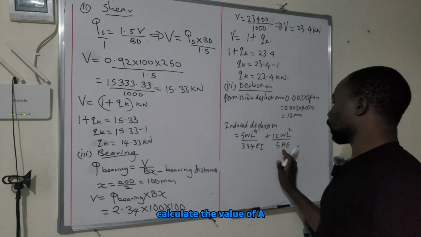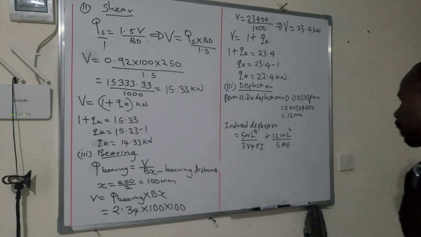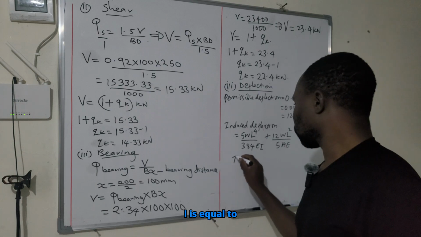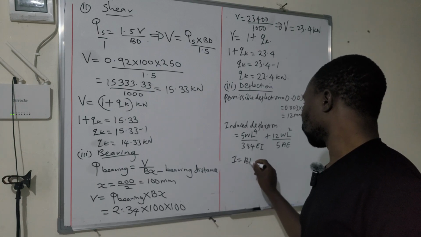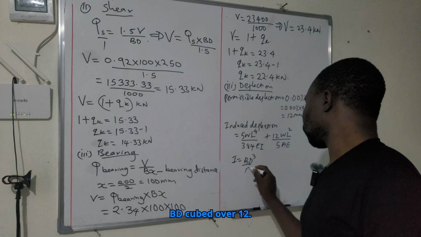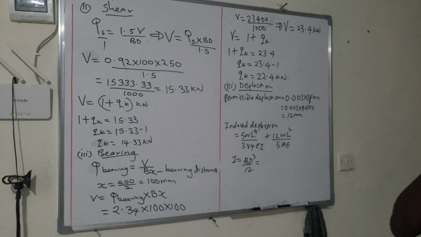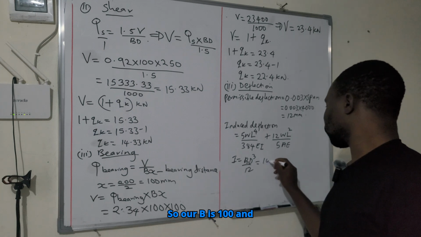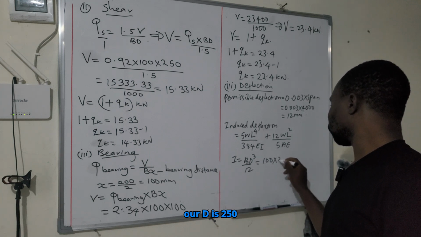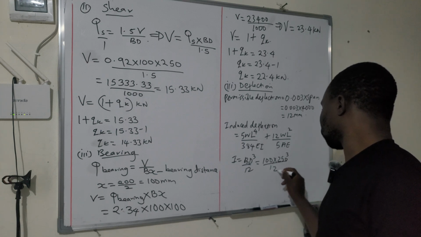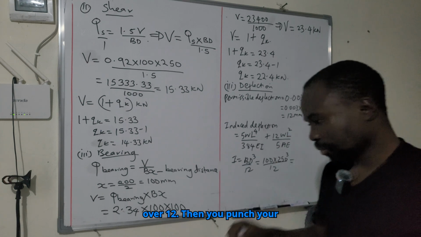So we can calculate the value of A and the value of I. So I is equal to BD cubed over 12. So our section was 100 by 250. So our B is 100 and our D is 250 over 12.